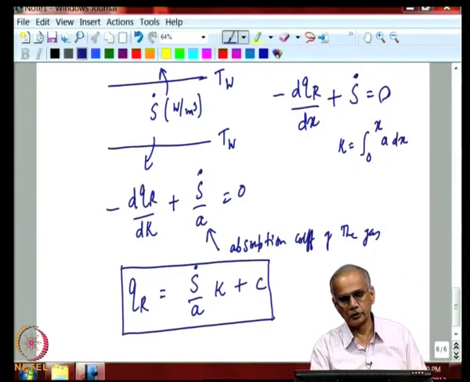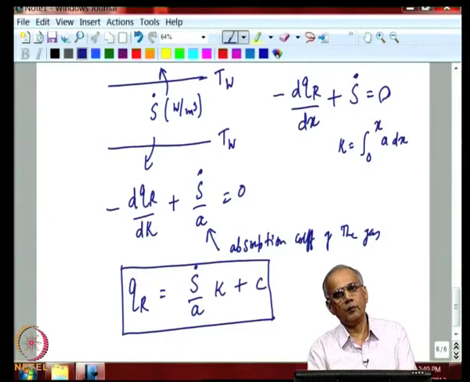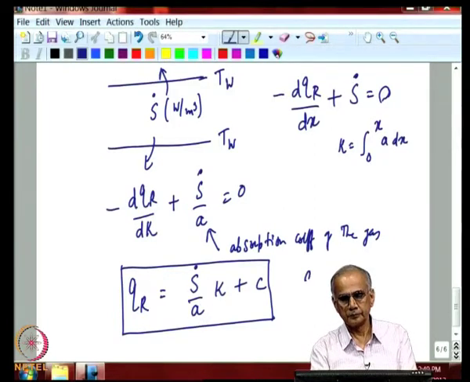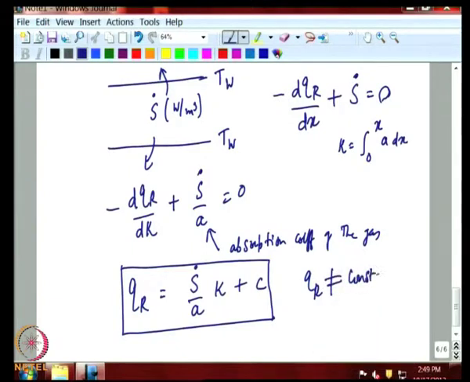Notice that in contrast to the previous example where we dealt with radiative equilibrium, here qr is not a constant but varies with the optical depth.